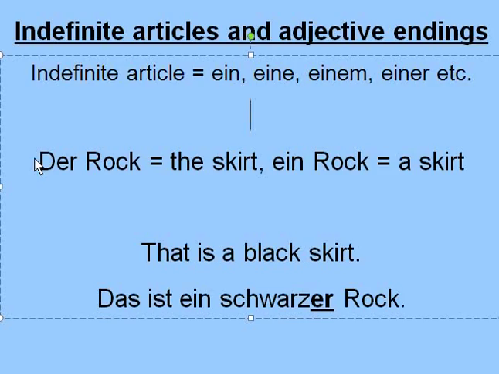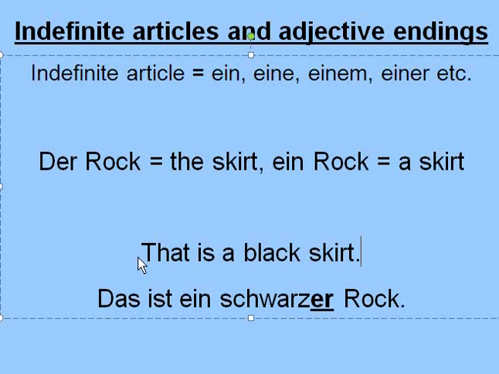So when we are talking about indefinite articles and adjective endings, firstly you need to know the gender of a noun. In this example we're using der Rock, which is the skirt. If you wanted to say a skirt, you would say ein Rock. But if you wanted to put an adjective in between the word a and skirt, so a colourful skirt, a pretty skirt, you need to do something in German.